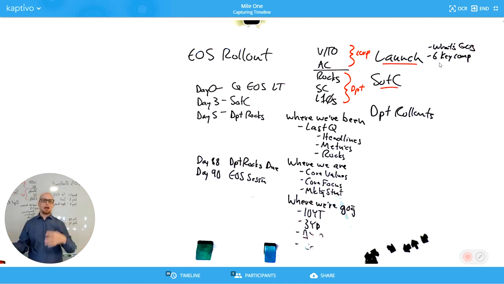And you can report on that to your team. So, state of the company: where we've been, where we are, where we're going. This is how the cadence fits together in terms of timing.